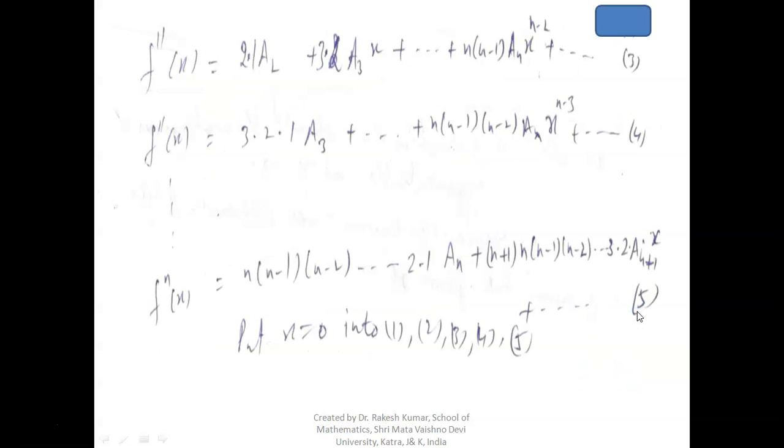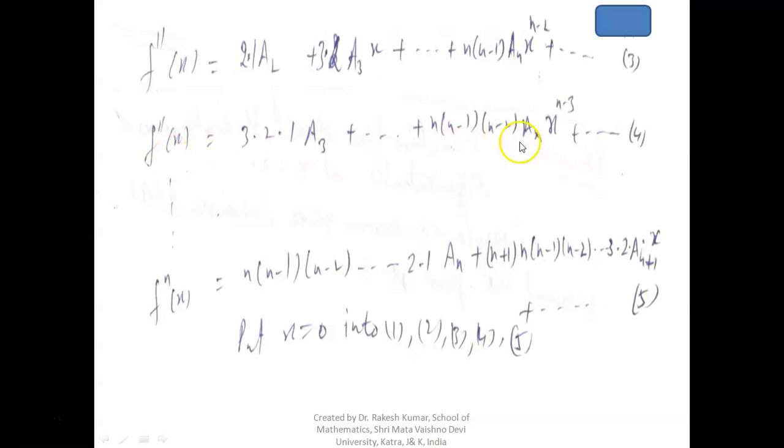Differentiating again, the double derivative is 2 into 1 into a2 plus 3 into 2 into 1 into a3x and so on.